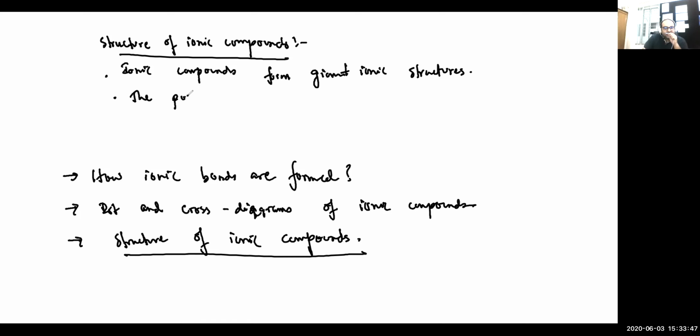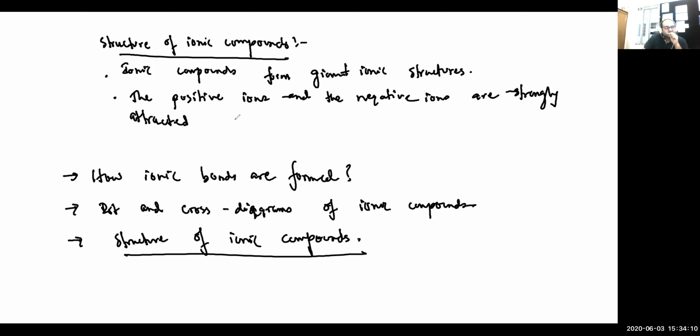The positive ions and the negative ions are strongly attracted to one another.